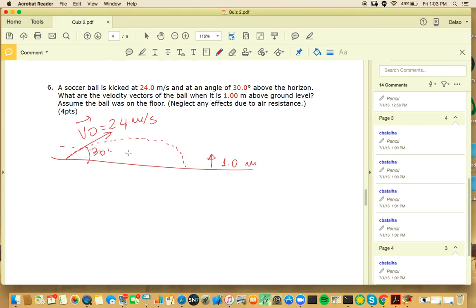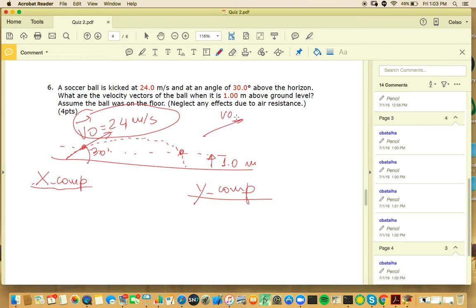So basically, you want to find the velocity here and the velocity vector there. Well, projectile motion, what do? X component, and then you have y component. Now, in this case, it's always good to start preparing your velocity in x and y, the initial velocities in x and y.